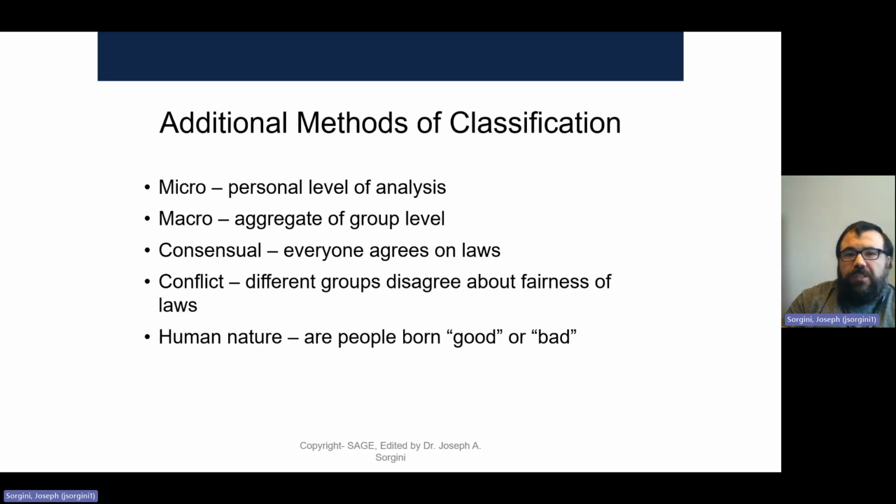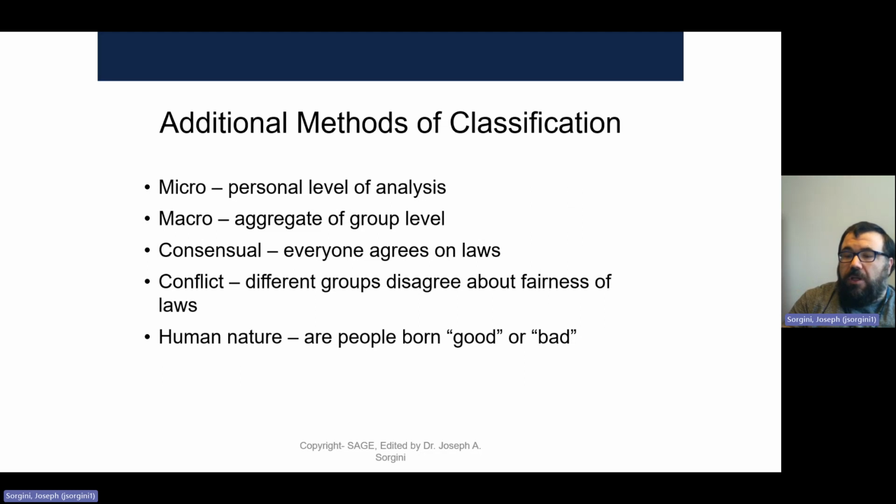We are also going to look at some other measures of how we study these theories with this classification, how we do this analysis. You see here, whether it's on the micro or the macro level, we're going to study how individuals are specifically understanding and analyzing why crime is occurring and what the factors are that are leading to criminality, for example.